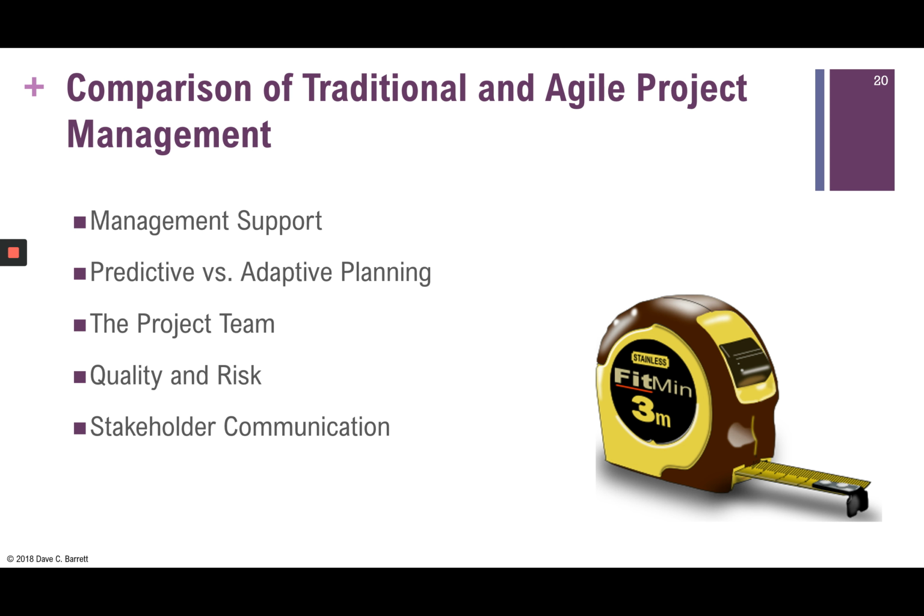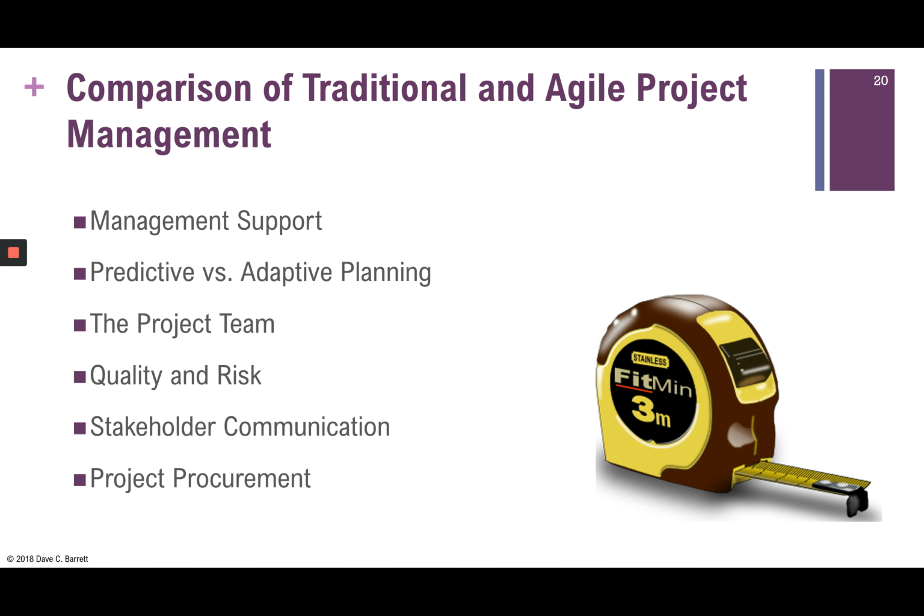For example, the existence of the Scrum board is a key communication tool for stakeholders, who can visibly see the progress of the project, as well as the sprint review meeting, which is a key communication tool for stakeholders. So stakeholder communication, while important in each, is done a little bit differently.